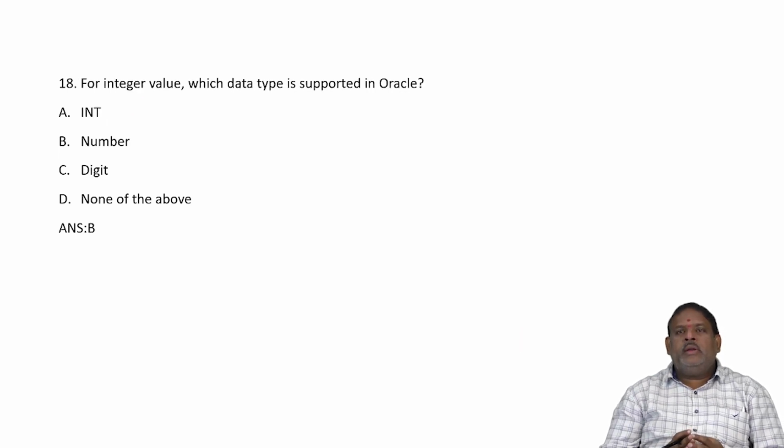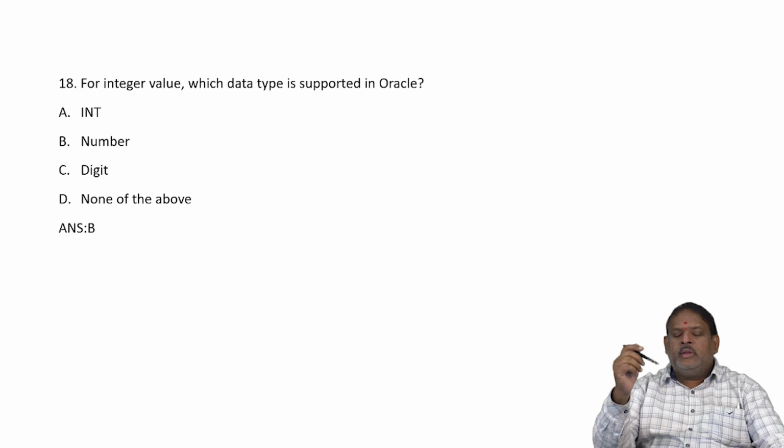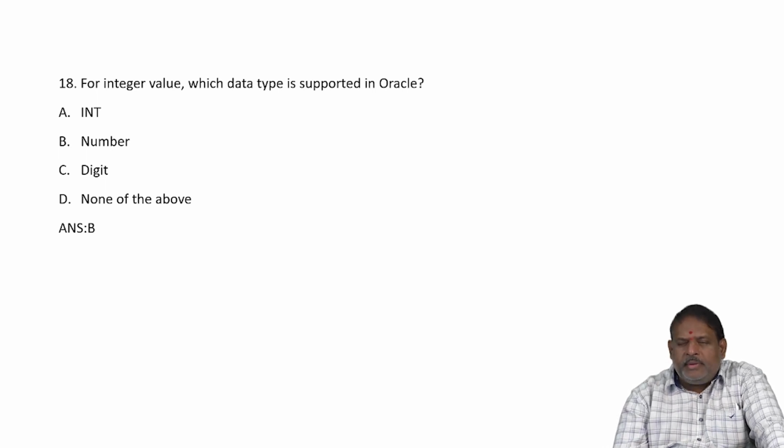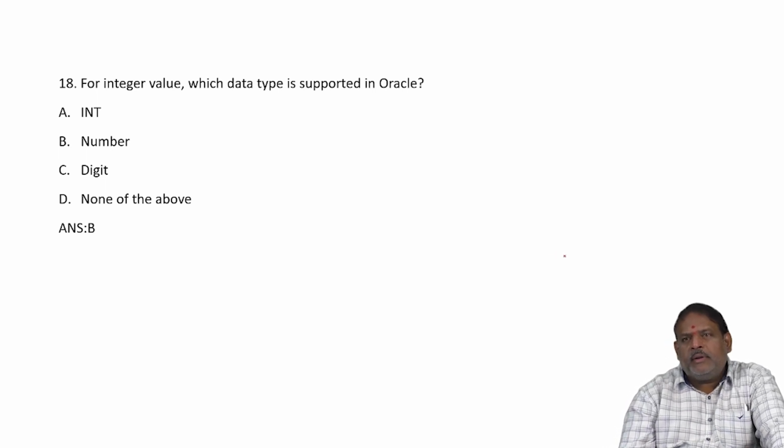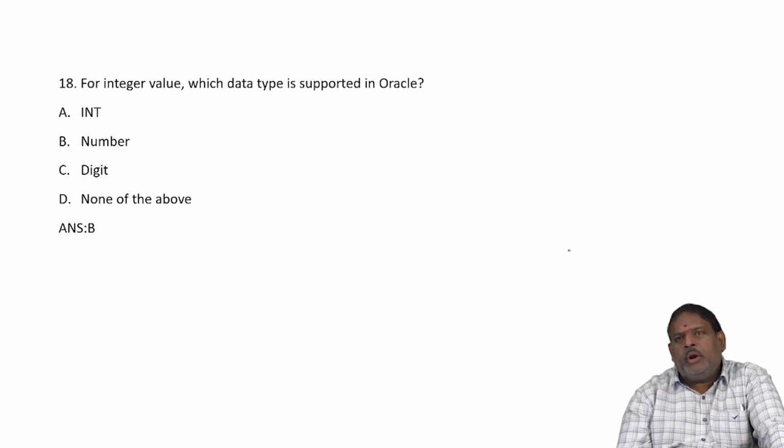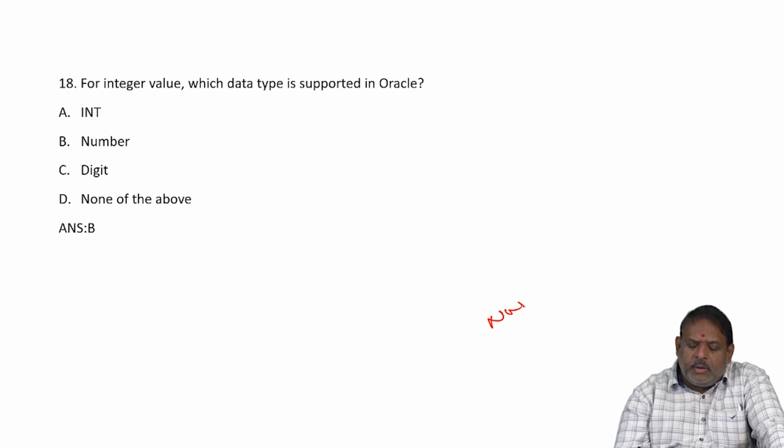For an integer value, which data type is used in Oracle? Every database, like Oracle, Microsoft SQL Server, FoxPro, or DB2, has its own data types. In Oracle, to represent an integer we have number.